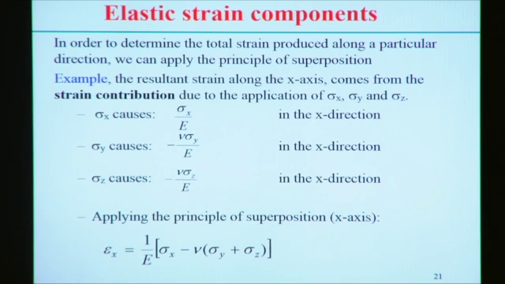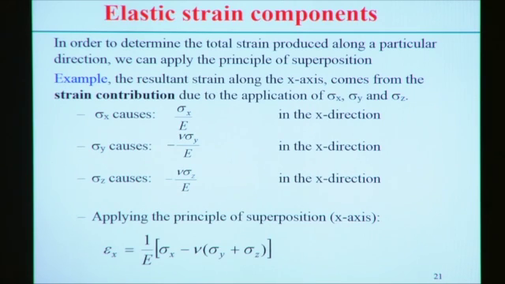So by applying the principle of superposition along the x-axis, the total strain component is calculated as 1 by E, sigma x minus nu into sigma y plus sigma z. In this case, there is a positive deformation due to the application of sigma x, while negative deformation happens due to the application of sigma y and sigma z.